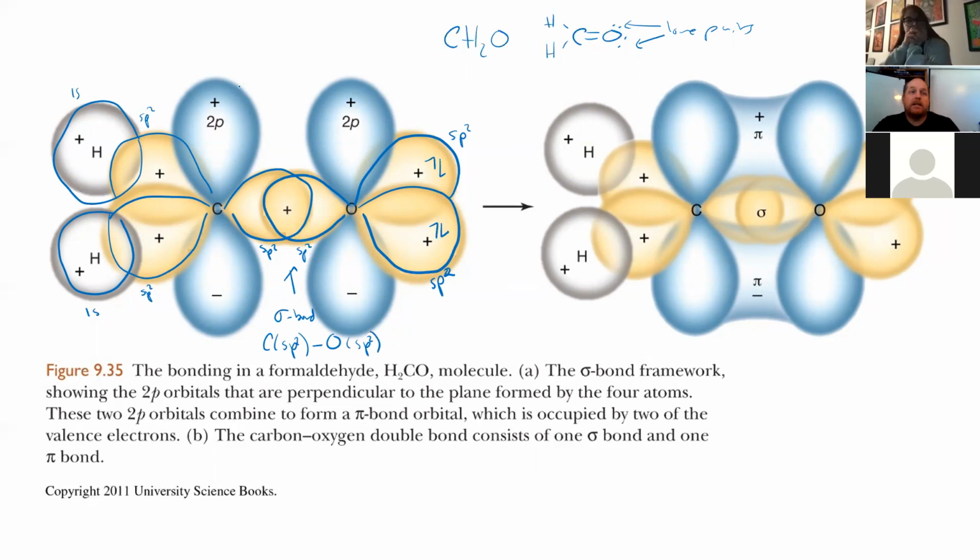But you also have these 2p orbitals as well. And so these 2p orbitals, one there on the carbon and one there on the oxygen, if they're in the same phase, can combine to give you that double bond, where you have this sort of side-to-side overlap again in this pi bond.